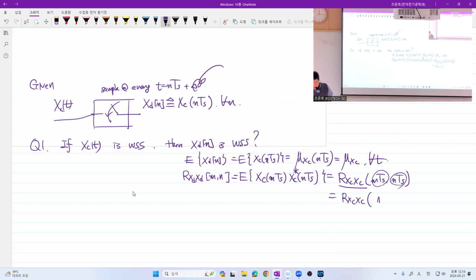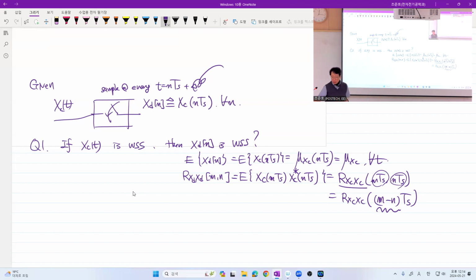Time difference, m minus n times Ts, which is the time difference between m and n. So obvious, just replace the discrete time signal with the continuous time signal, and continuous time wide-sense stationarity implies discrete time wide-sense stationarity after a uniform sampling.